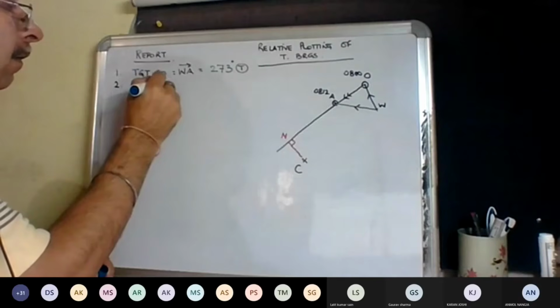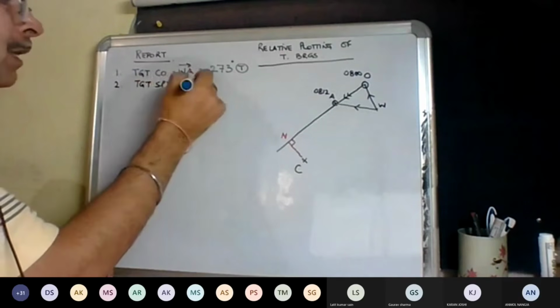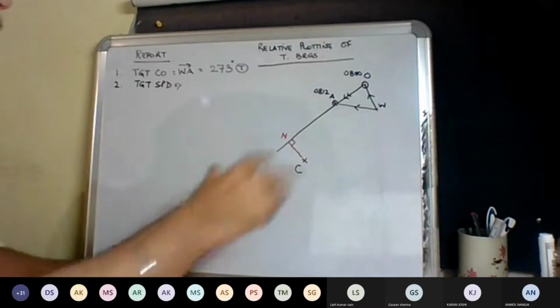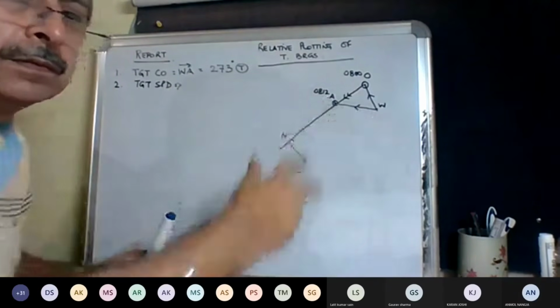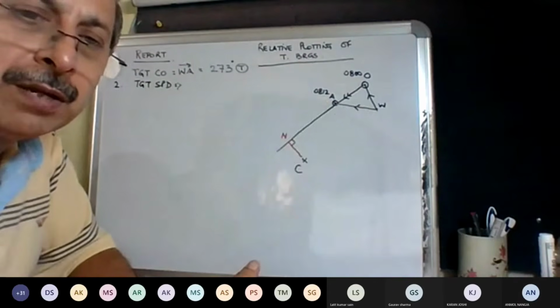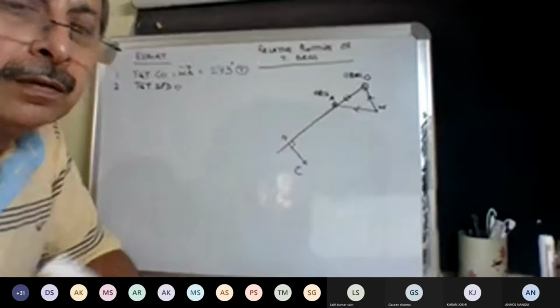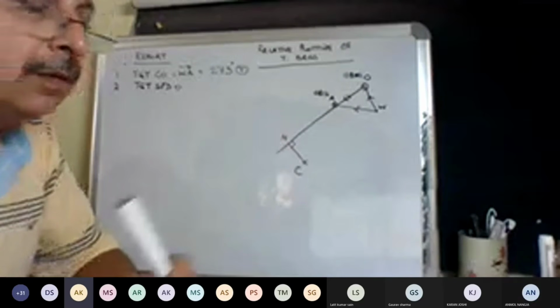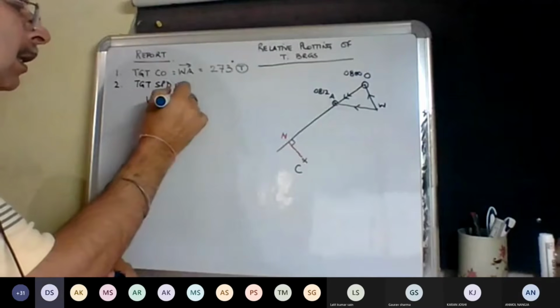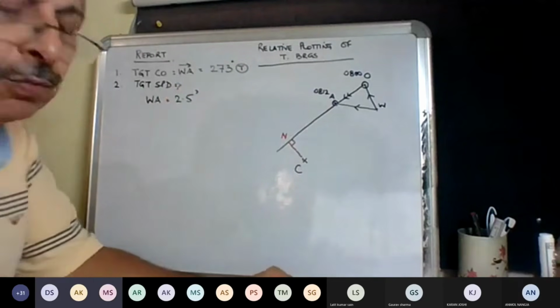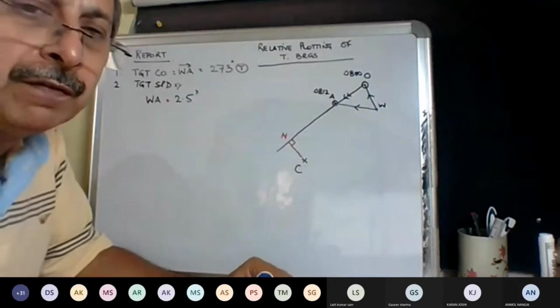Next, target speed. Now measure WA. Supposing you get 2.5 miles, 2.5, 2.6, whatever.